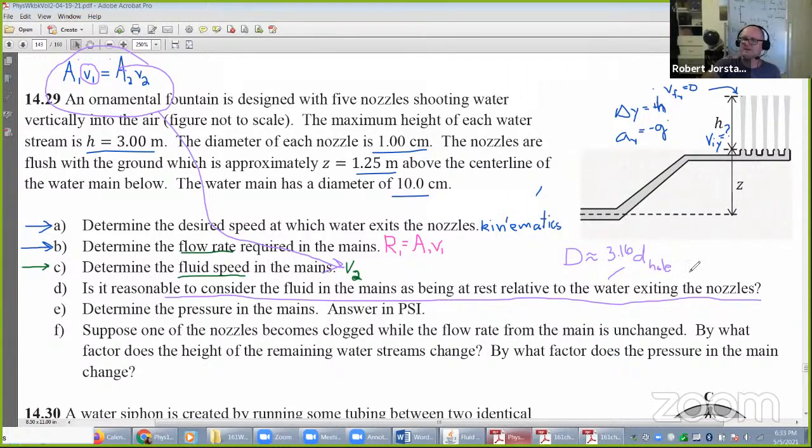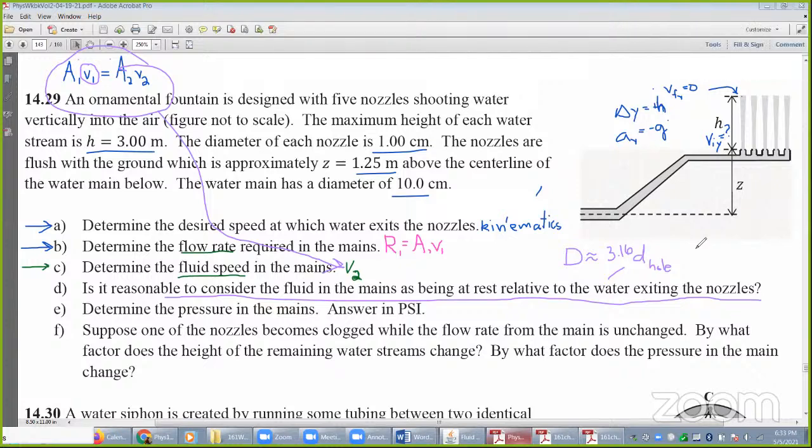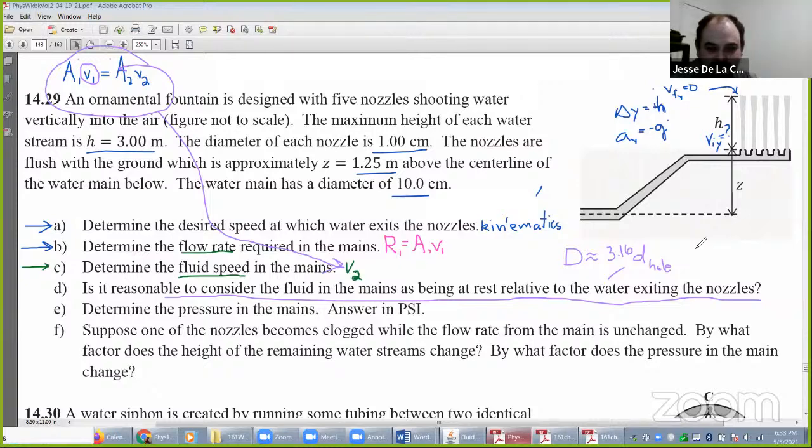Remember that? I briefly mentioned this. I said anytime the larger diameter is about 3 or 4 times the diameter of the hole, then it's negligible. Is that appropriate in this case? Yes, because it's 10 times larger.